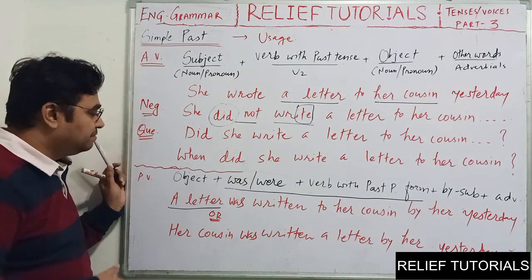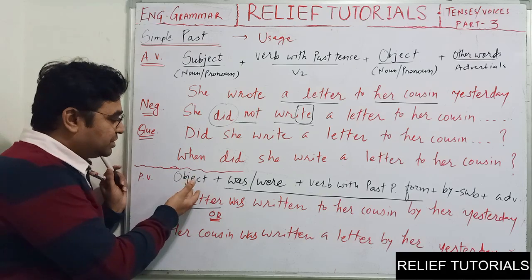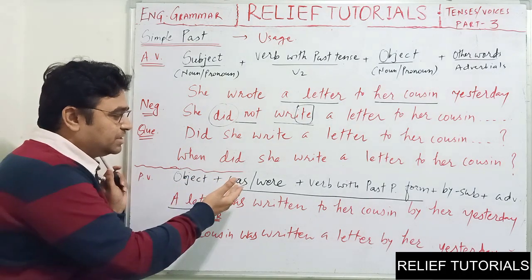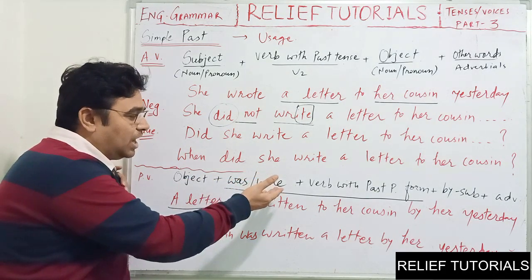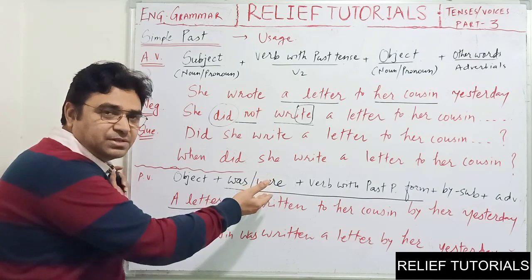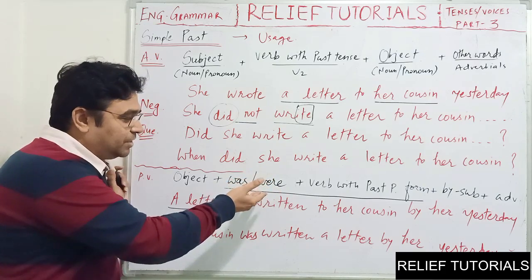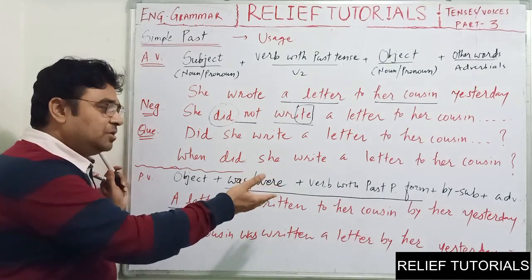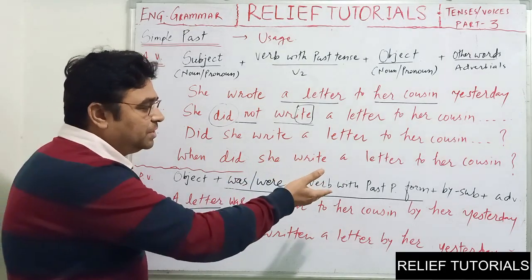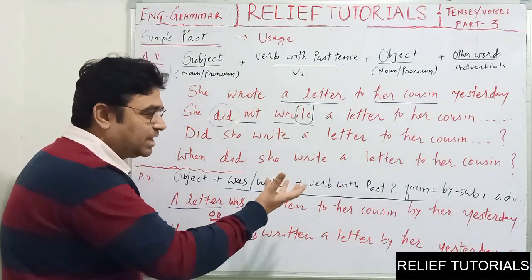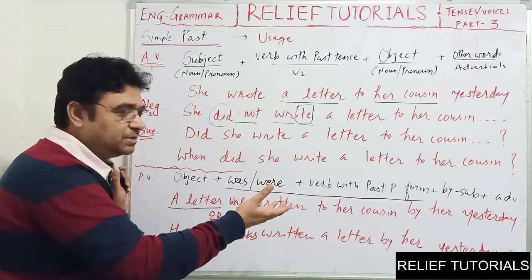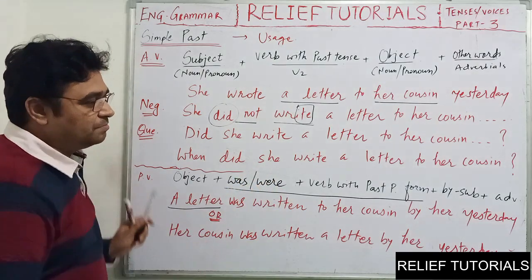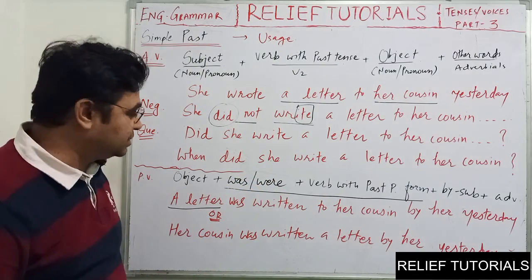Now comes passive voice. So same thing, object in the beginning. Instead of is, am or are, unlike simple present tense, we have was and were, which belong to past tense. With the same verb in past participle form, the main verb write is now written, and again by subject and other words.